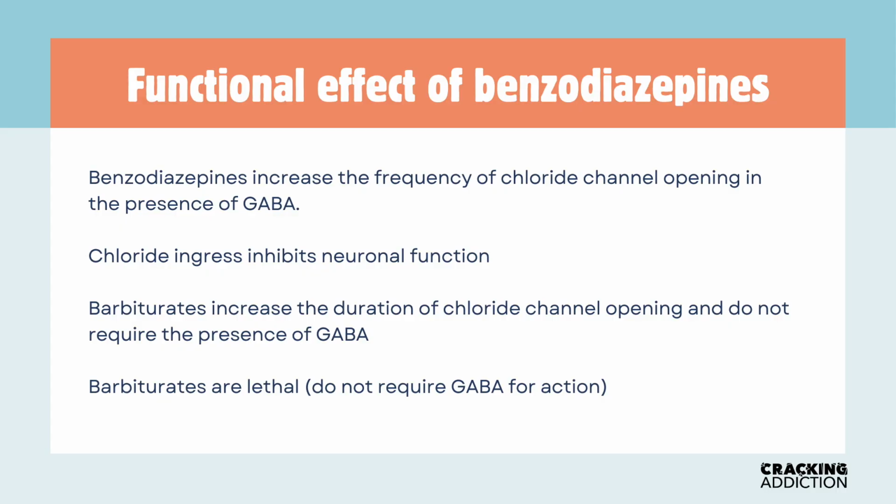Now let's look at the functional effect of benzodiazepines. So I've said they increase the frequency of chloride channel opening in the presence of GABA. They allow ingress of chloride, therefore causing what we've already said, this hyperpolarization of the neuron.